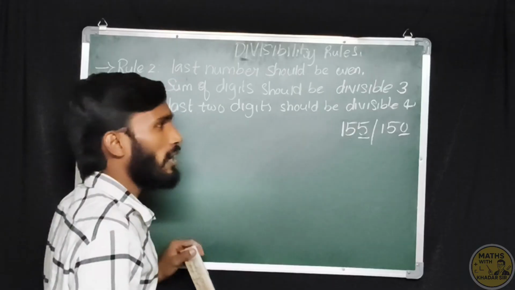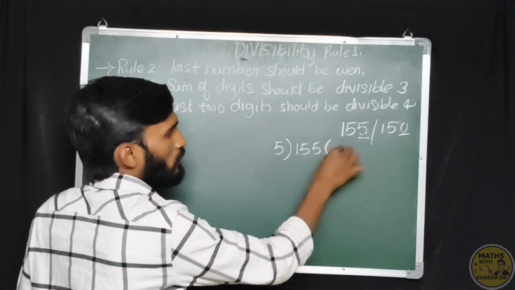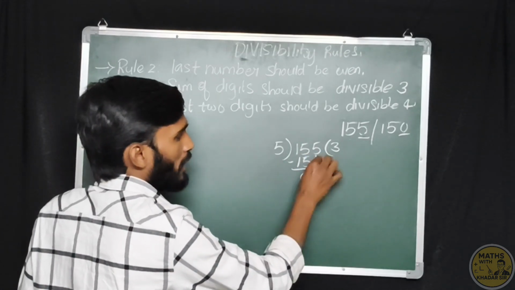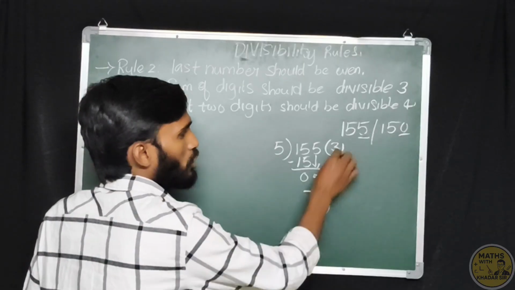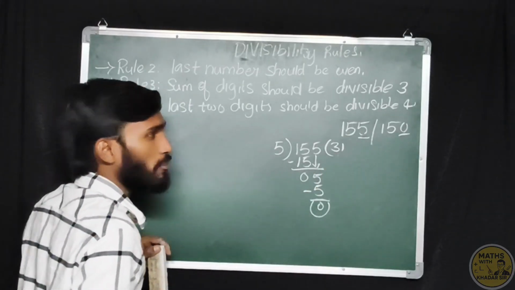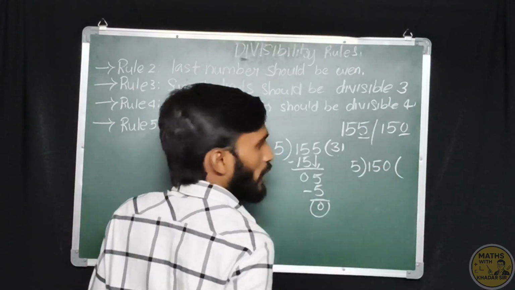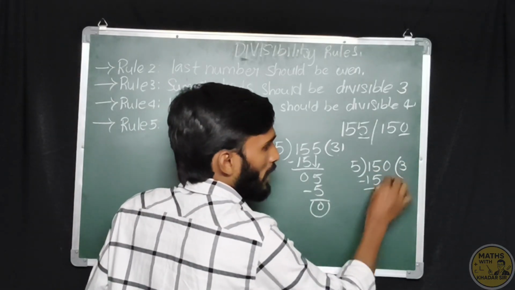Now let us divide this by 5. How many times? 3 times 5 is 15, minus 15, 0. Write down this 5. 1 time 5. How many times is 5 dividing 155? 31 times. Now what about 150? As you all know, 3 times 5 is 15, minus 15, 0.